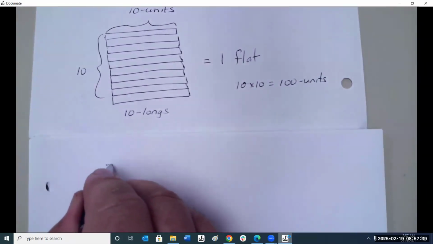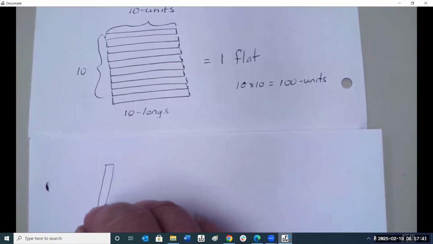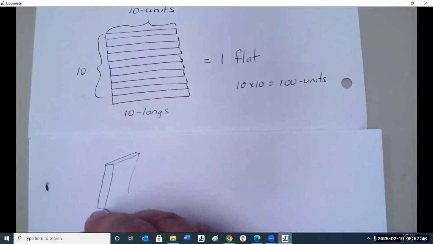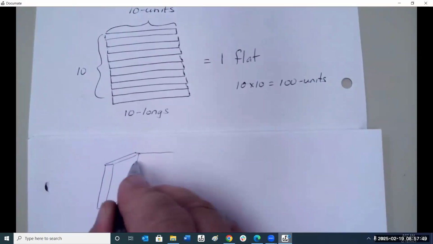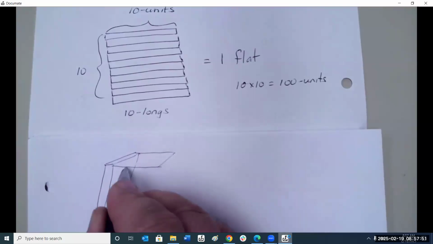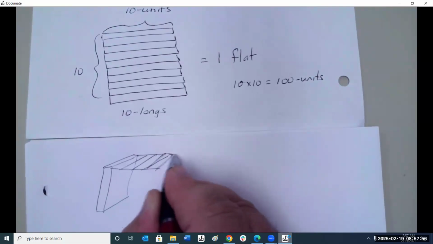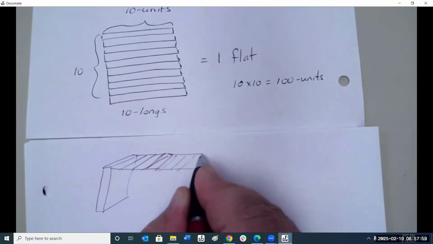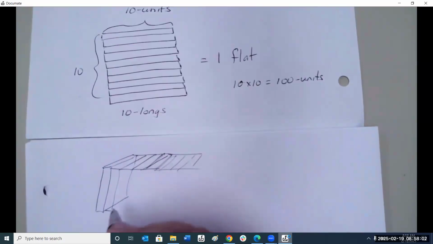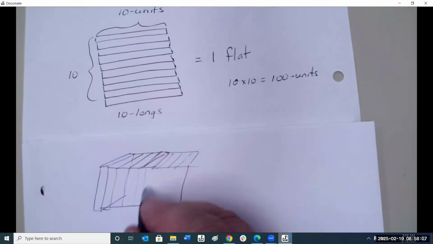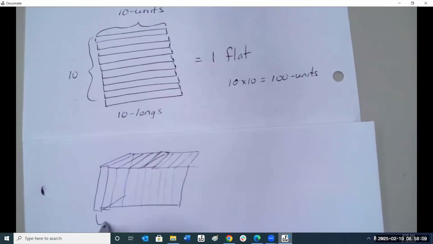Now we take these 10 flats and put them together. There's 10 of these flats. So you have 10 flats.